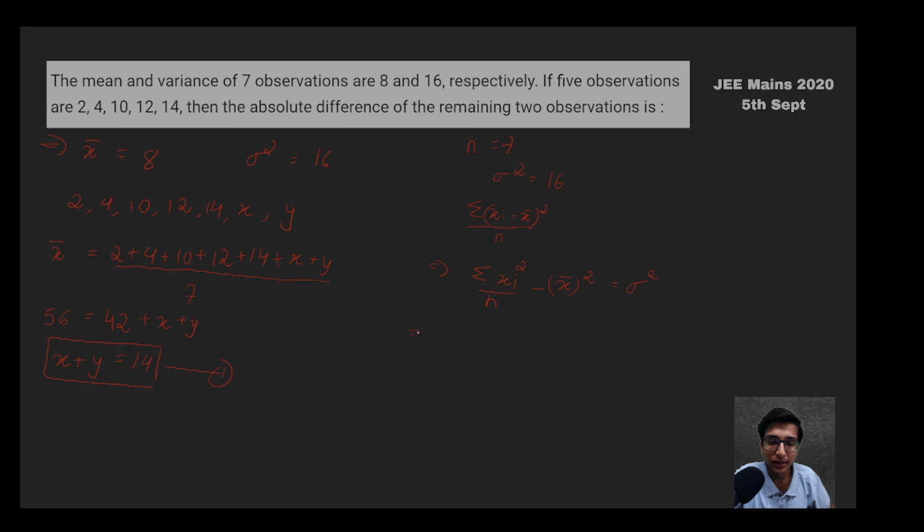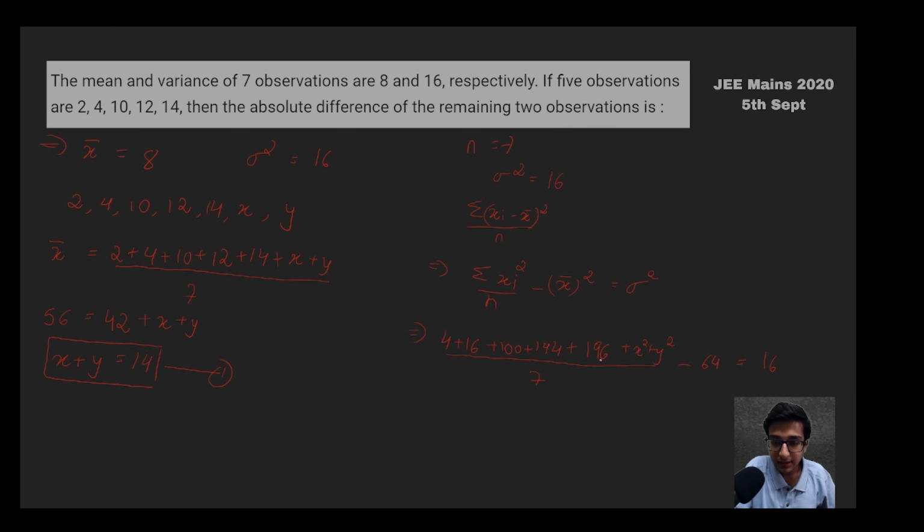Now let's put in the values that have been given to us in the question. 2 square becomes 4, plus 16 plus 100 plus 144, plus 14 twos are 196, plus x square plus y square, whole divided by 7, minus x bar square. We know the mean here is 8, so 8 square would become 64, and this would be equal to 16.